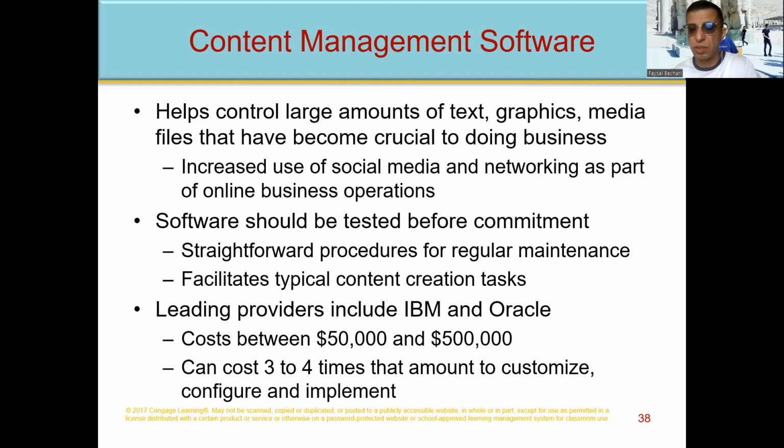Costs are between $50,000 to $500,000 for a content management system. But keep in mind, each industry might have a preferred use of content management system. It can cost 3 to 4 times that amount to customize, configure, and implement. 1 to 3, usually, or 1 to 4.